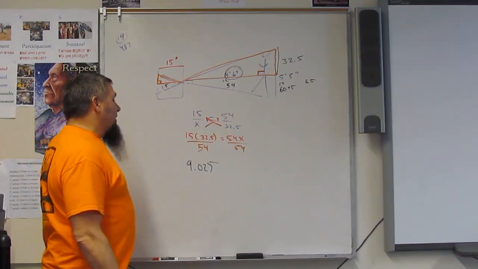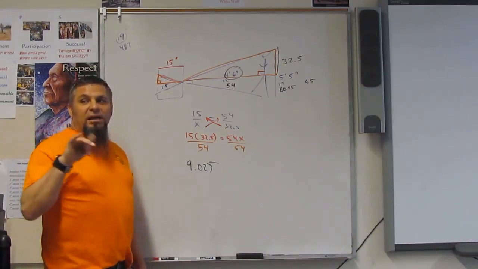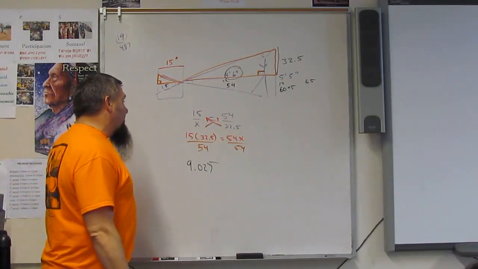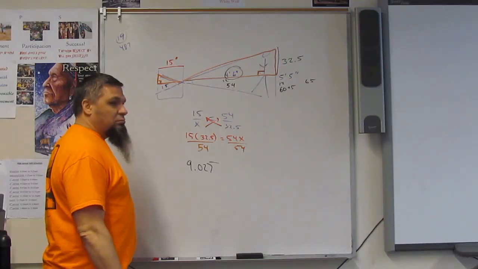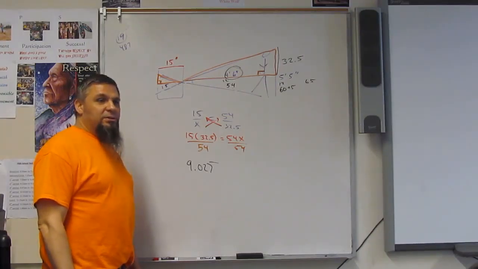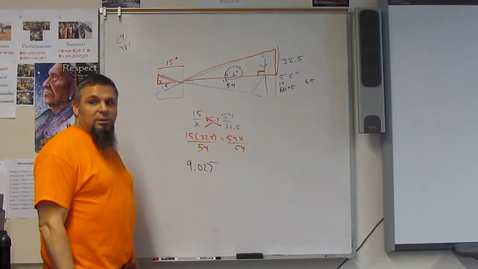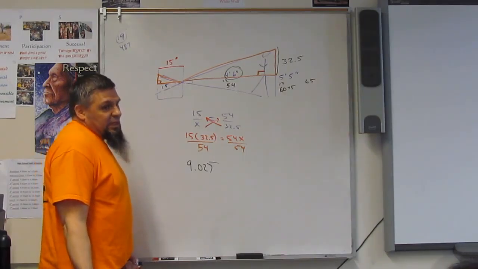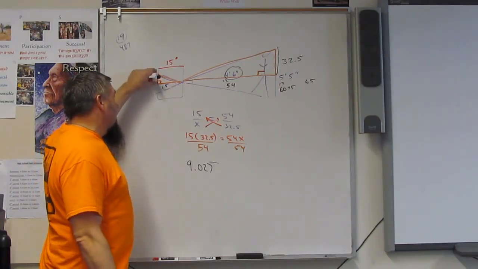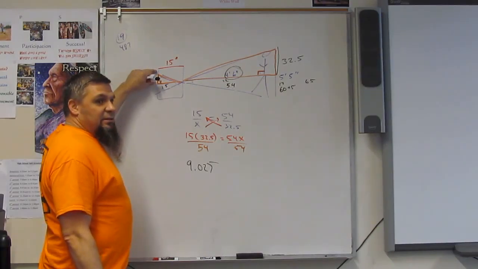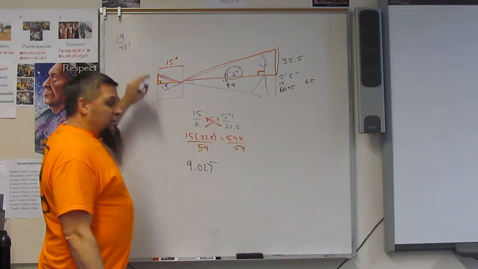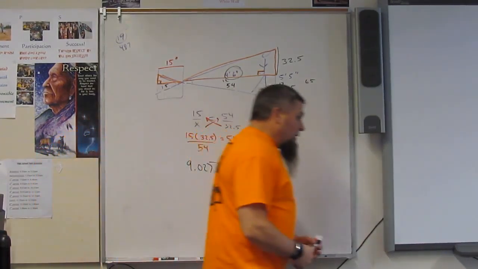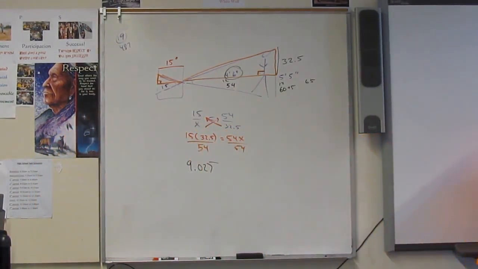If I knew what that fraction was, it'd be a lot easier. Could I figure out the fraction? Of course I could. Do I need to know it? Not really. I know that this is about 9 inches.